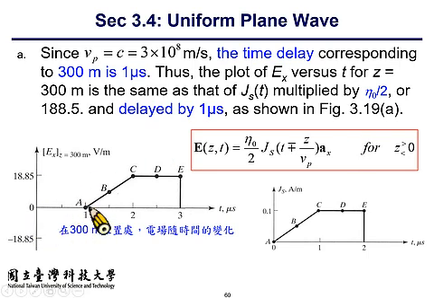Because the distance to the source is 300 meters, you will only observe the electric field at t equal to 1 microsecond, which corresponds to the propagation delay.